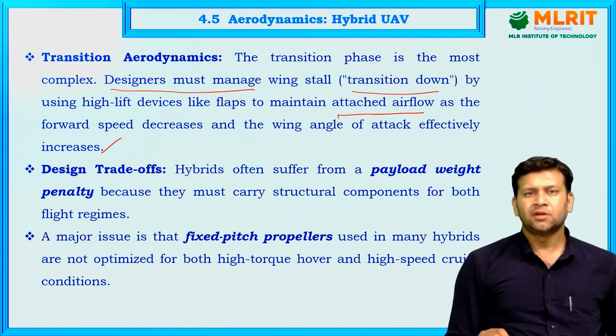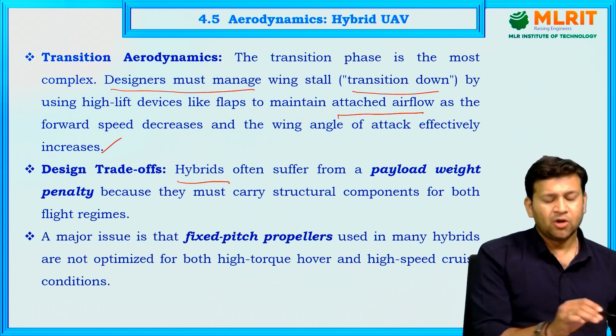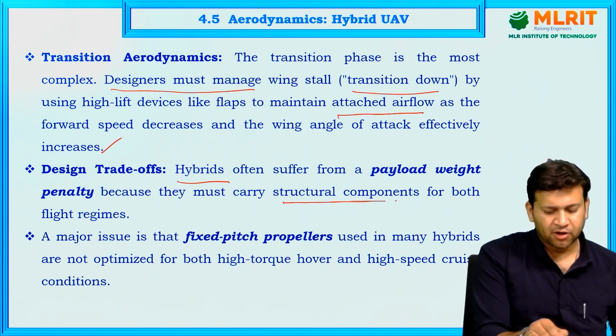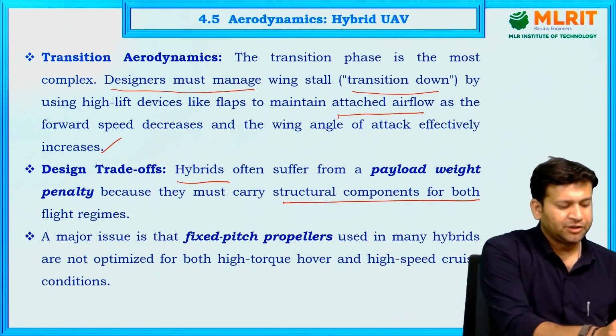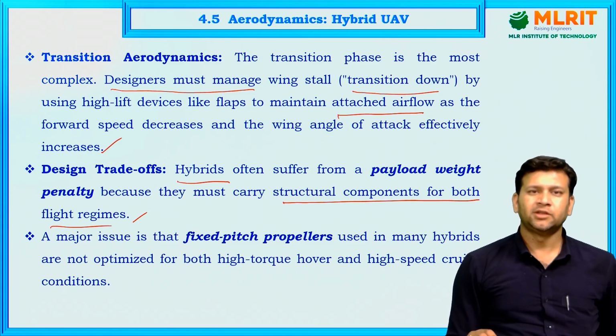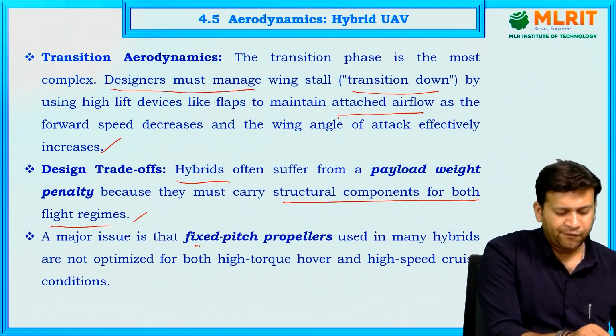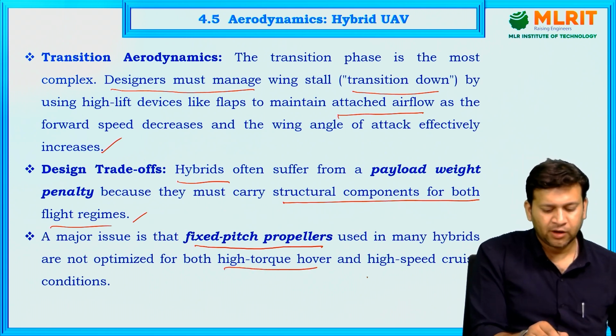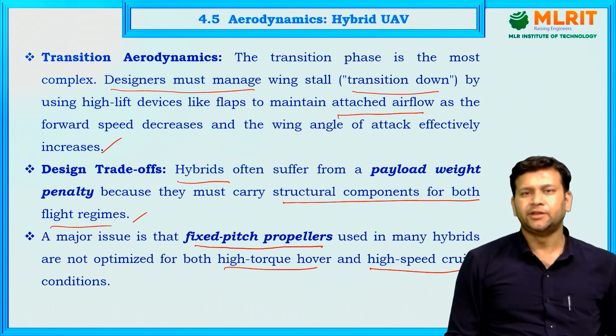The trade-offs for these hybrid unmanned aerial vehicles are: hybrids often suffer from a payload weight penalty because they must carry structural components for both flight regimes, that is, vertical takeoff or landing and horizontal cruise. A major issue is that the fixed pitch propellers used in many hybrids are not optimized for both high torque hover and high speed cruise conditions.